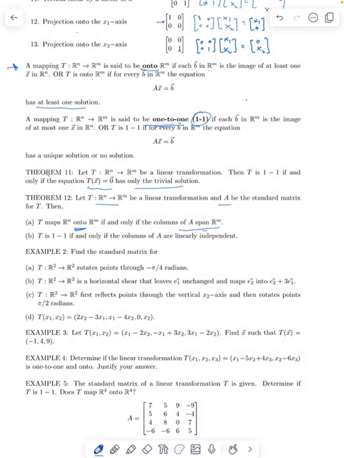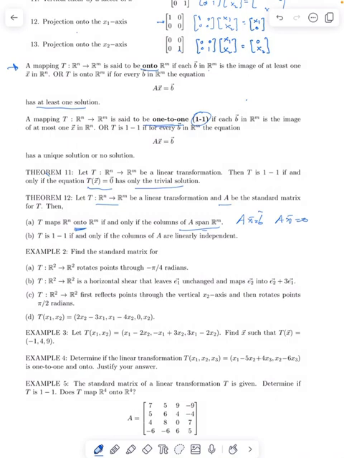What else did we know about spanning Rm? We can say that the equation Ax = b will always have a solution for every b. So these are different things that come along with this.